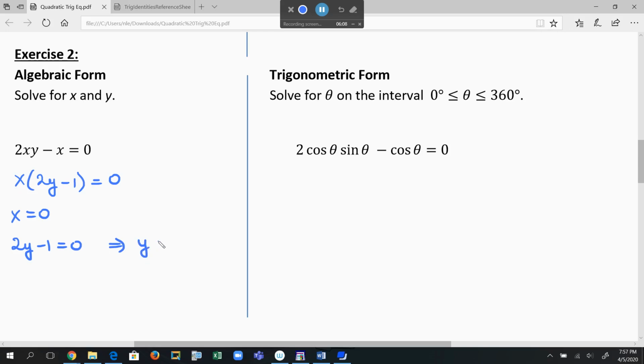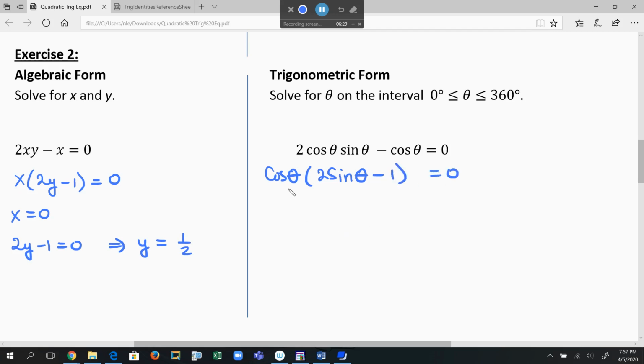Then we solve for y, so y equals 1/2. We do exactly the same thing here. Our common factor will be cosine theta, so we have cosine theta times 2 sine theta minus 1 equals 0.